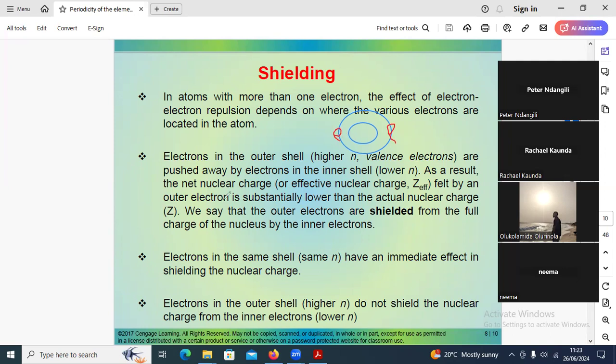When you have these two electrons, they are going to have what we call electron-electron repulsion. That electron-electron repulsion is going to affect the nuclear charge that these electrons experience from the nucleus. Therefore, electron-electron repulsion is one of the factors that lowers the effective nuclear charge.